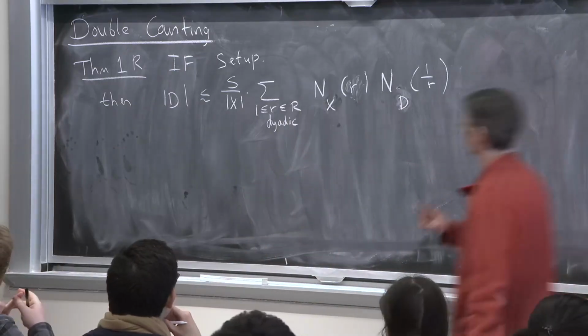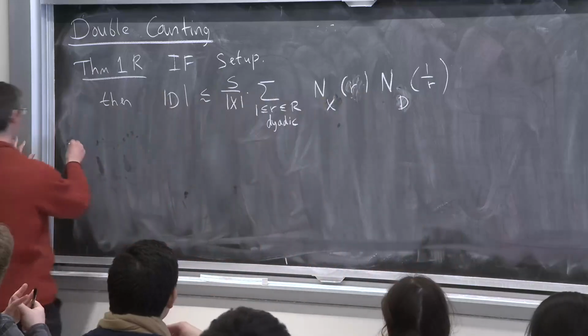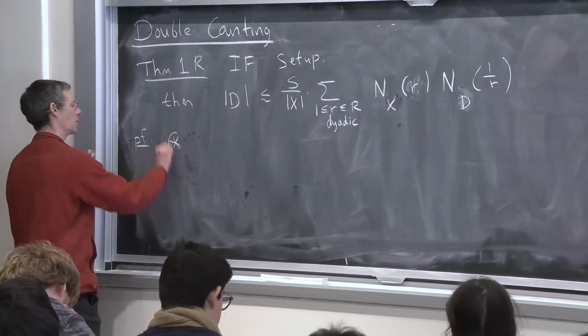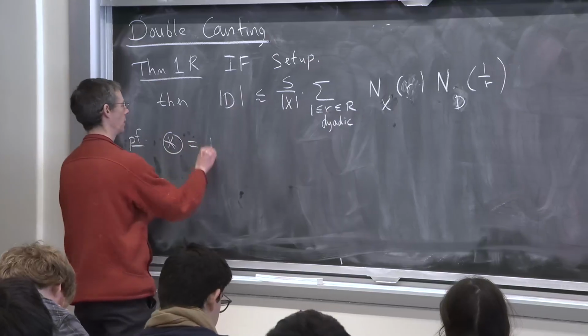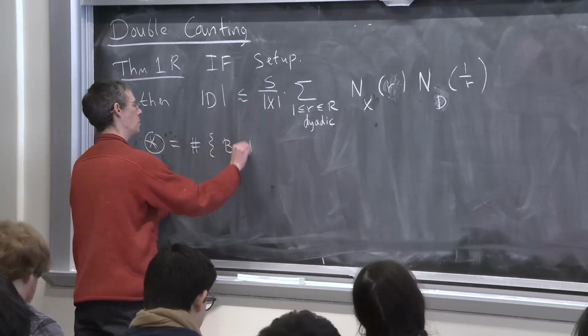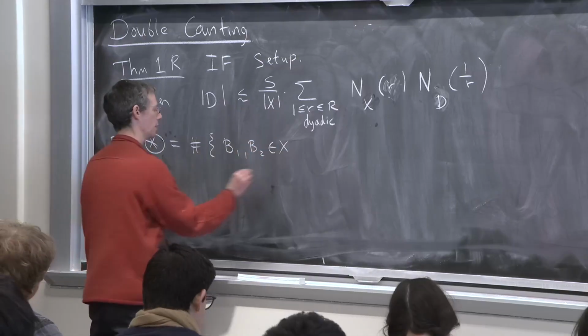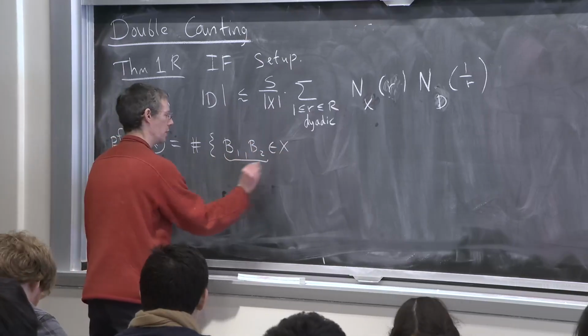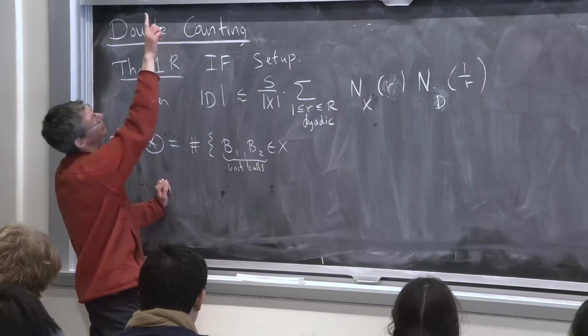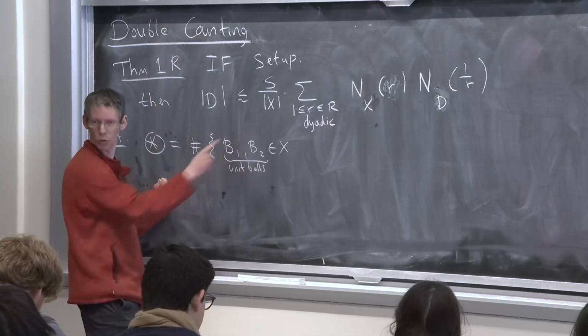So the proof is to double count a certain quantity, which we called coincidences last time. So the key quantity, called star, is the number of B1 and B2 in X. So these are unit balls. So remember, X is a set of unit balls. So these are two of the unit balls.